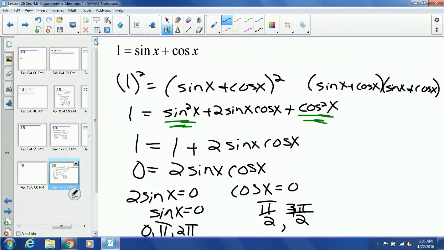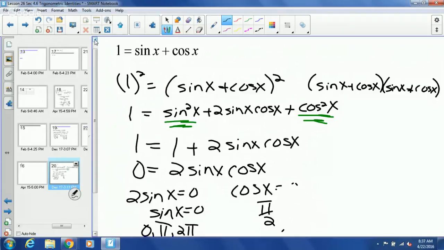Okay, so back to my original question. Do all of these work? No. Which one does not? Or which ones do not? 3 pi over 2. I picked up the wrong one.